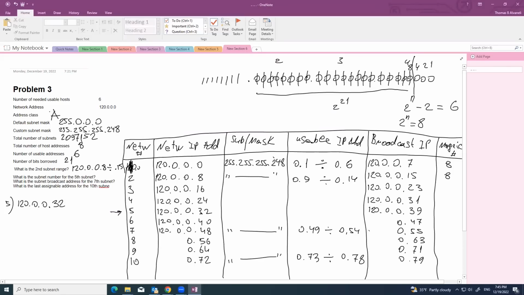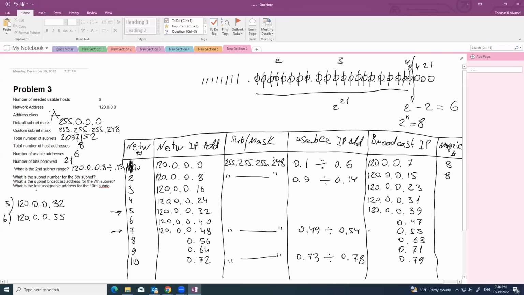What is the subnet broadcast address for the seventh subnet? Where is our seventh subnet? Right here. So the broadcast address for this subnet is 120.0.0.55. That is the broadcast address.